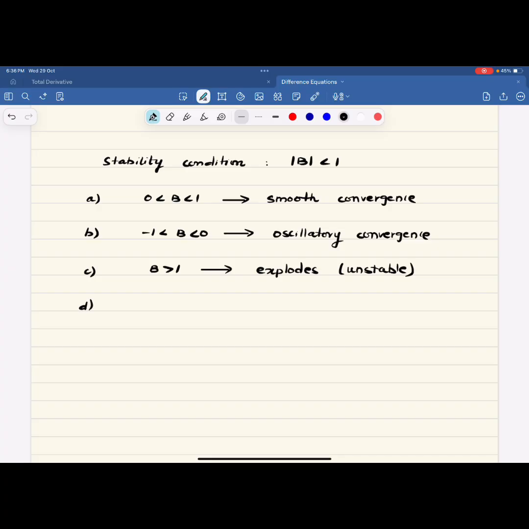And the last option, if β is less than -1, then it is exploding in an oscillatory fashion. It's still unstable. Okay, so this brings about an end to first order difference equations.